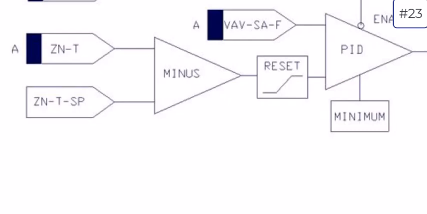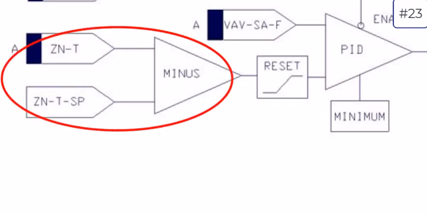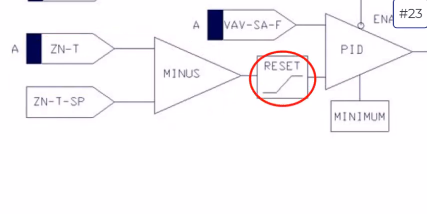On the left of this PID block is what we're trying to control to. We're trying to control VAV supply airflow, SA-F. And what we're controlling to is a function of the zone temperature set point deviation. So the greater the zone temperature set point deviation, based on this minus block, a reset schedule is built in here that will increase or decrease the supply airflow set point that box is trying to keep to.